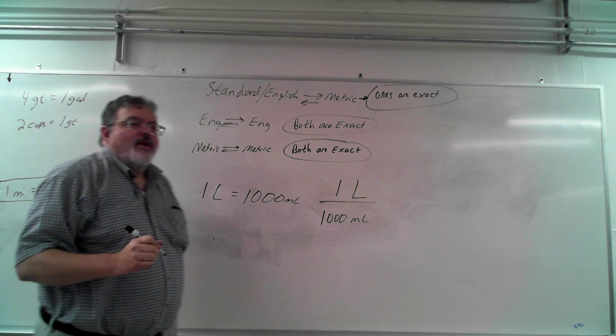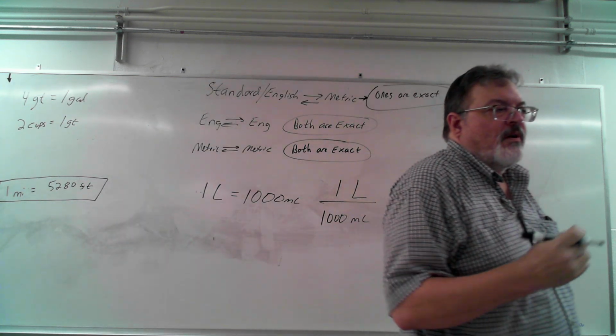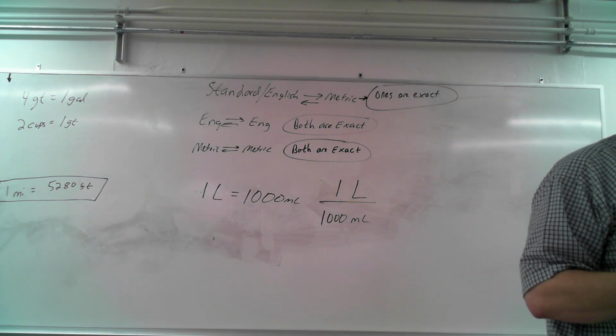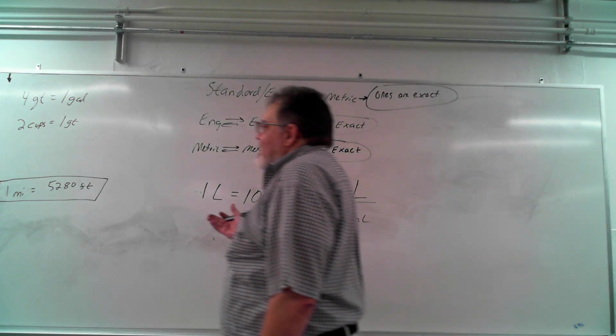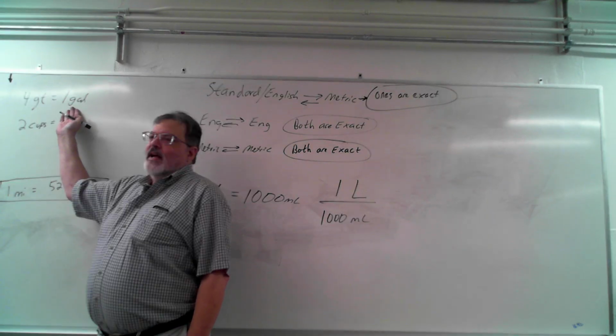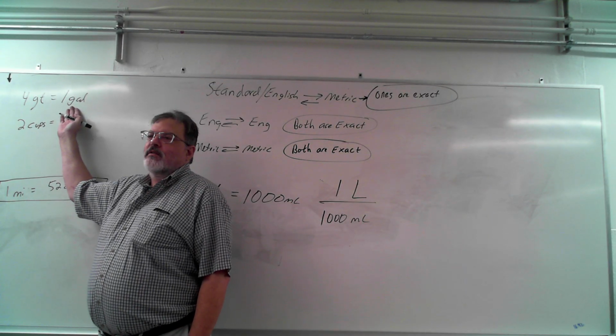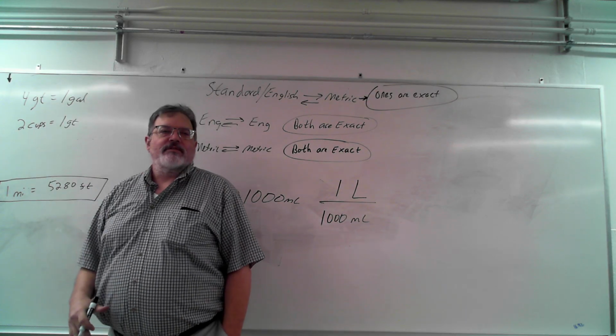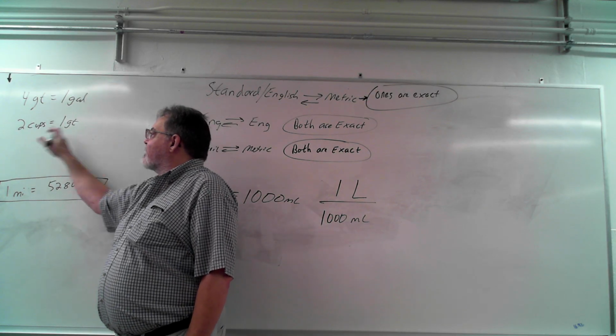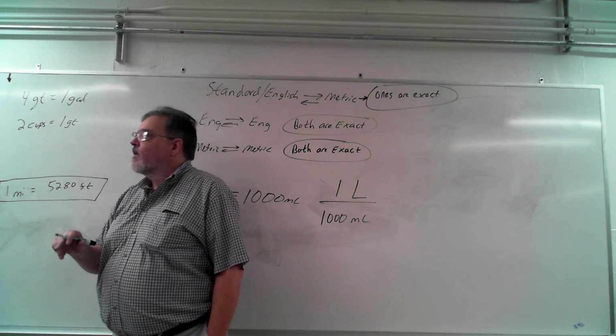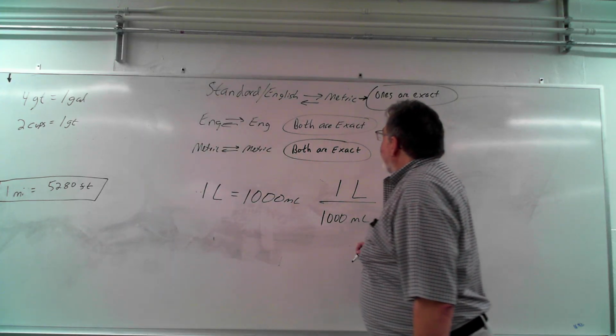Okay. Now you have some non-ones, but they are exact. It's because that's the definition. Someone decided, let's split the gallon into 4 things and call it a quart. Definitional, but it's exact. So there's an infinite number of zeros after the decimal. So that's the only other thing I'll say.